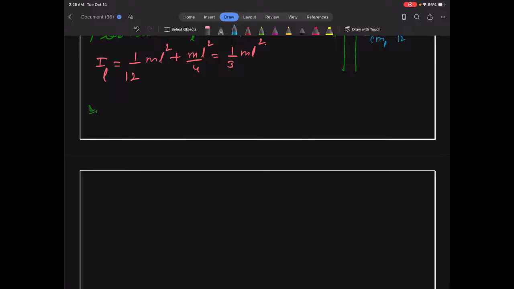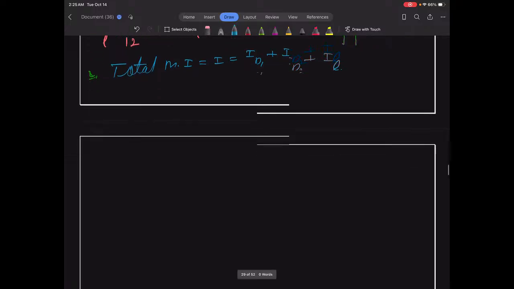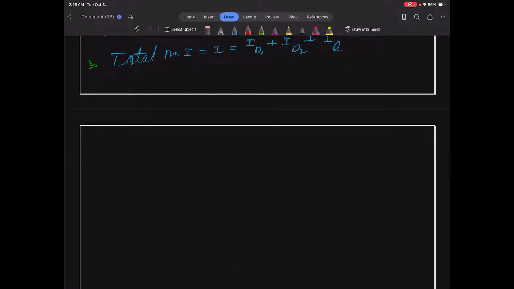Now we can find out our total moment of inertia, which is our I. Total moment of inertia, which is our I, is equal to, for disk 1 plus disk 2 plus for the rod of length L. And we can say that our I will be equal to half m r square plus 1 by 3 ml square plus half m r square plus ml square.